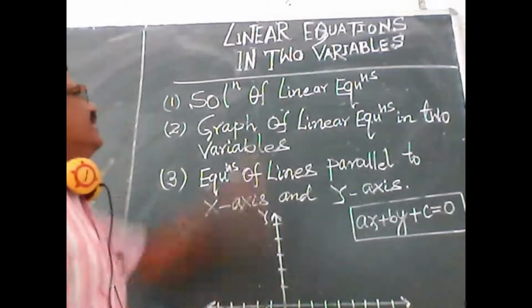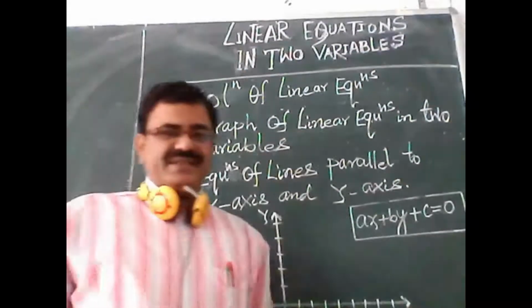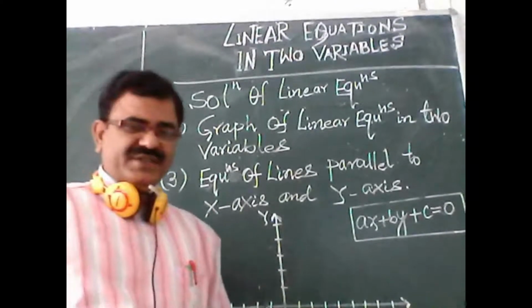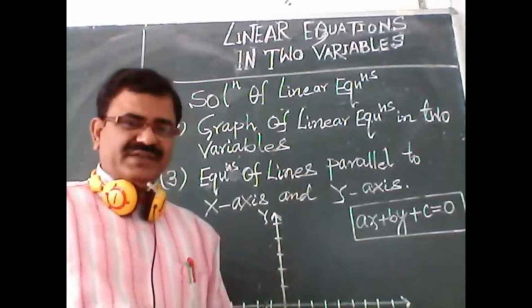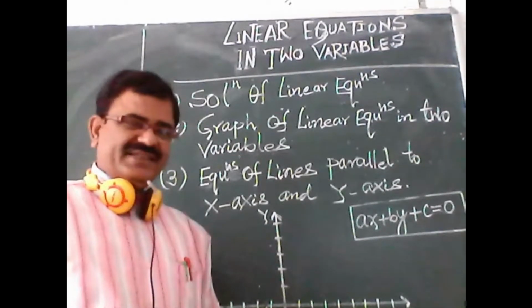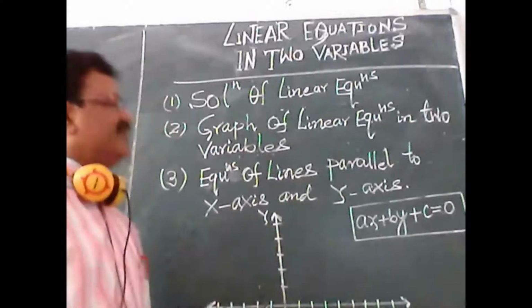And a linear equation is such a type of equation whose power is 1 and whose graph is a straight line. This is called a linear equation.